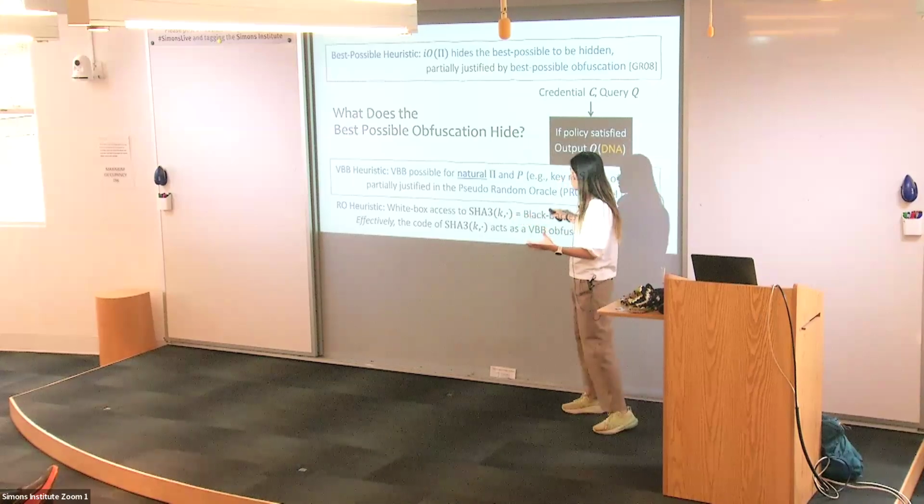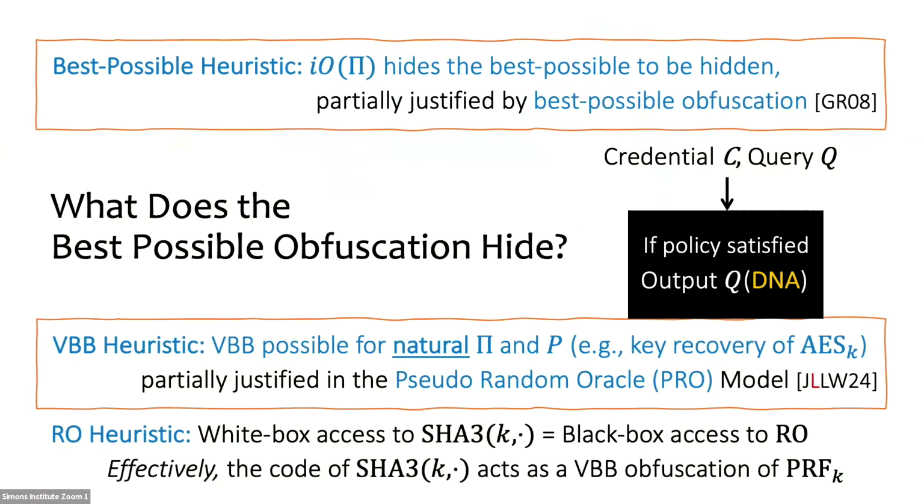And using it, I can build a VBB obfuscation for a general program, if you believe in this random oracle heuristic, in this ideal model. And now the heuristic is to say that any natural property you want to hide from the program is already hidden. And this construction is basically the IO construction.